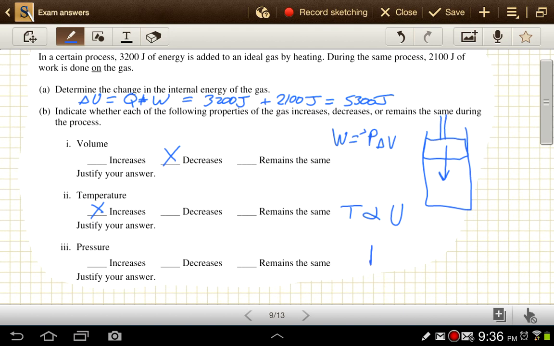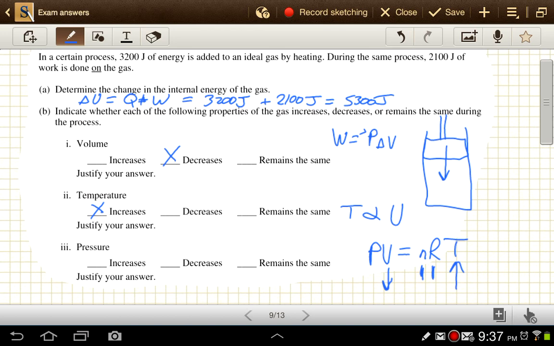Let's just pull out the trusty ideal gas law equation. Okay, so we've already done volume. We said volume was going to decrease. Temperature, we said, is increasing. The number of moles, we'll say, is constant, no change there. The ideal gas constant won't change either.